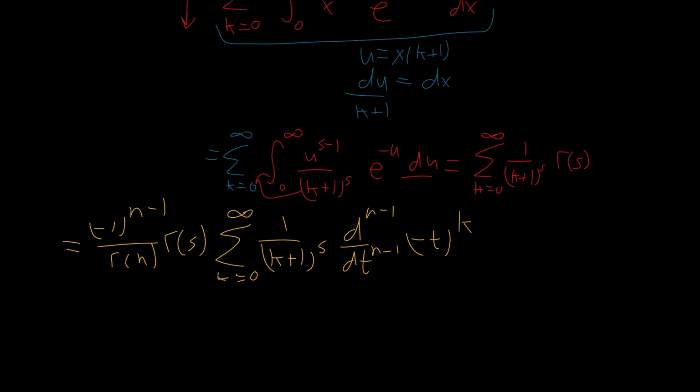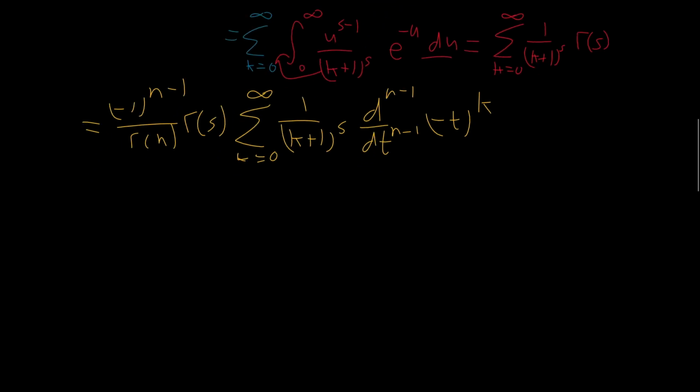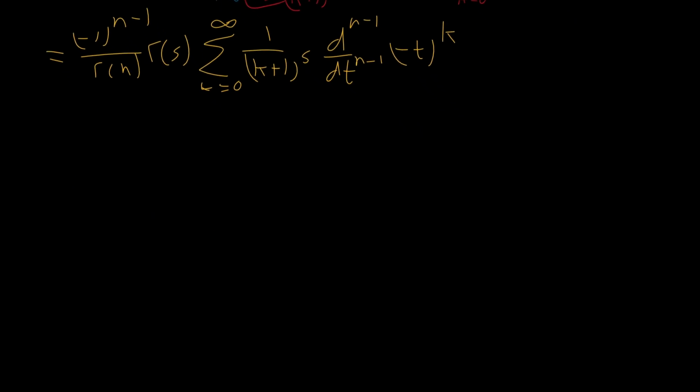So, this is what we have. And this is quite something, to be honest. But we are getting there. So to evaluate this, what we're going to do is just rely on the definition of a falling factorial, essentially.